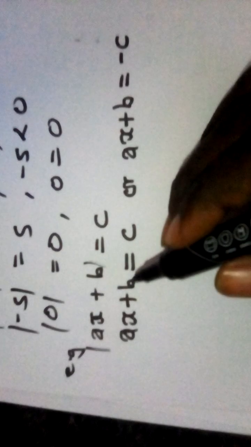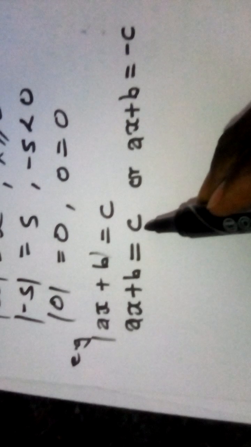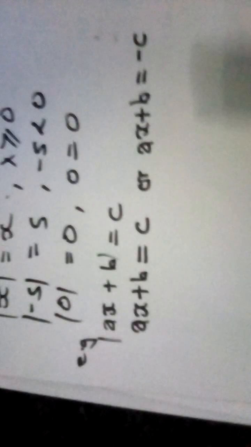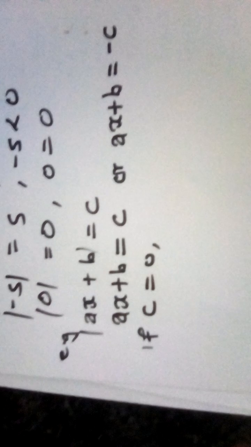Now, depending on the value of c, remember, these letters basically represent numbers. They may be replaced with numbers. Depending on the value of c, c can be any number. Now, suppose c is equal to 0. What does it tell us?